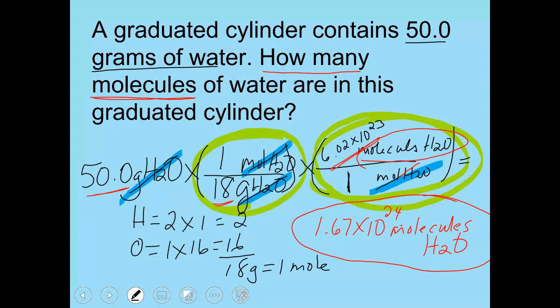And 1 mole of a compound is always equal to Avogadro's number of molecules or formula units, depending on what kind of compound. And certainly, this could be top or bottom. You have to set it up so that your units divide out, and that dictates which thing goes on the top and which thing goes on the bottom.